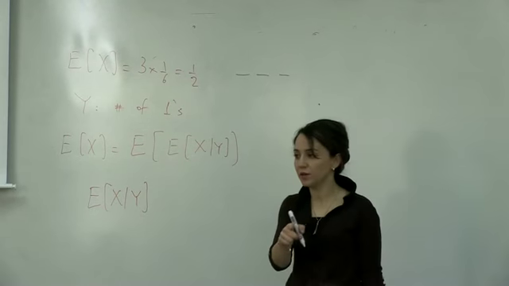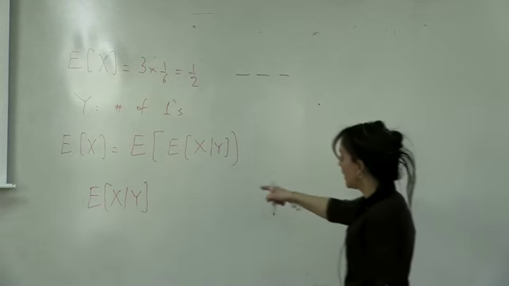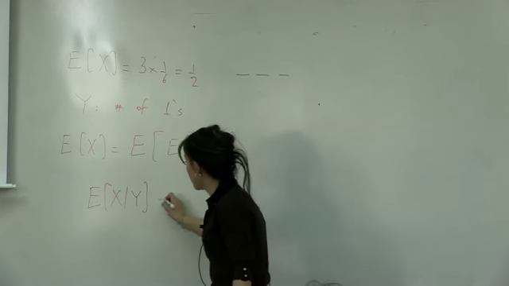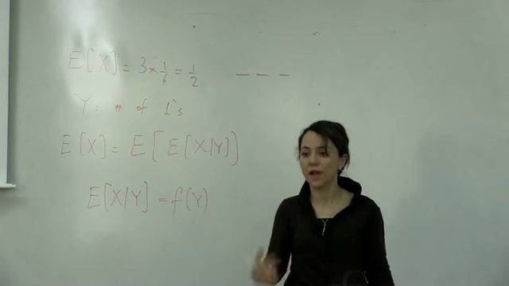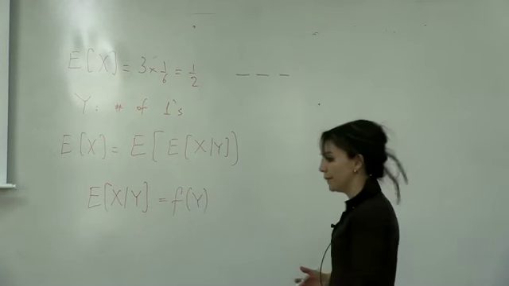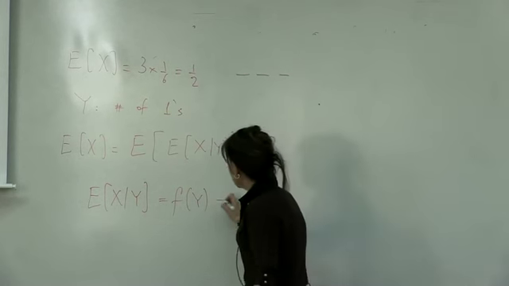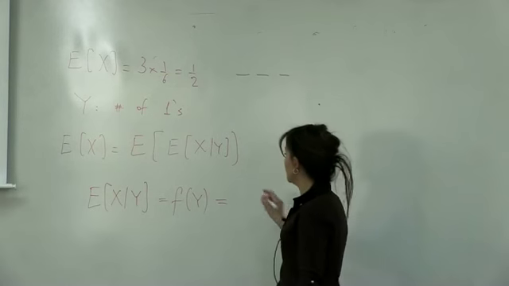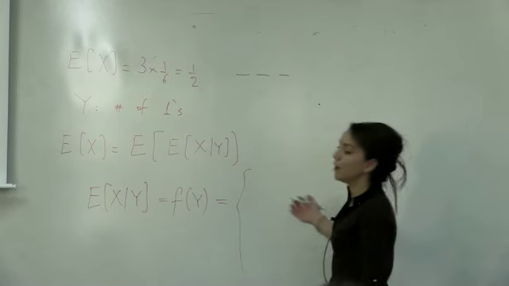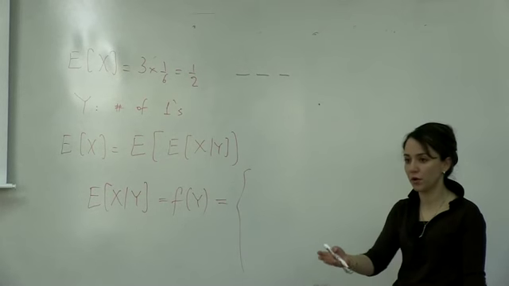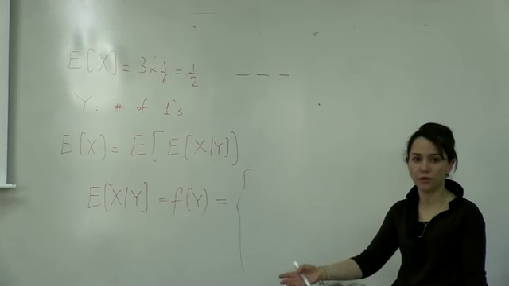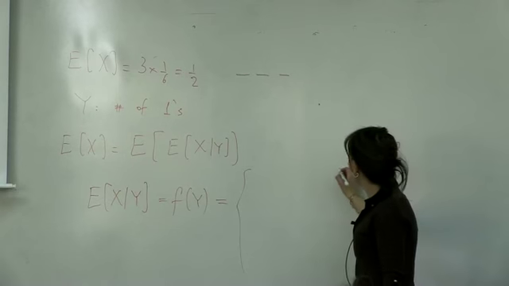As Tuğçe pointed out just a few minutes ago, expected X given Y is a function of Y, and it's a random variable. Let's write its values. How many values can Y take? 4 different values: 0, 1, 2, or 3.